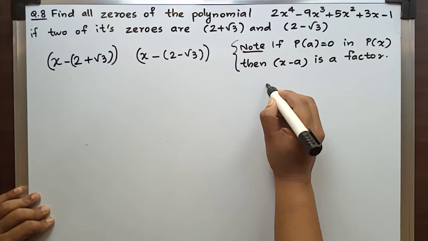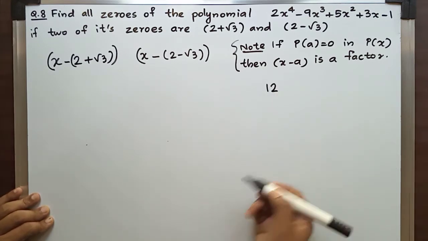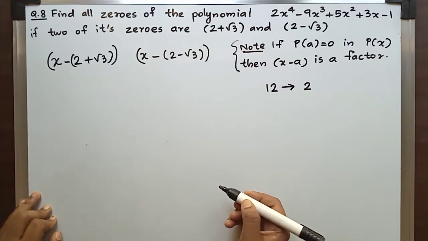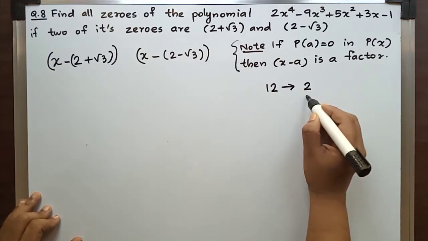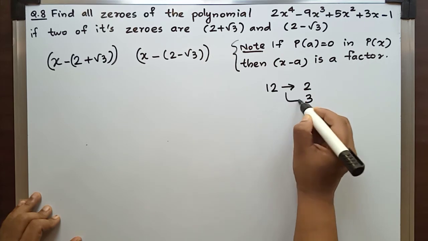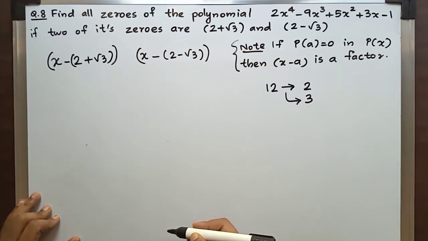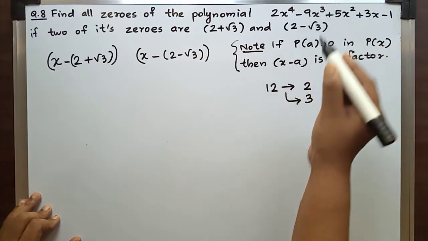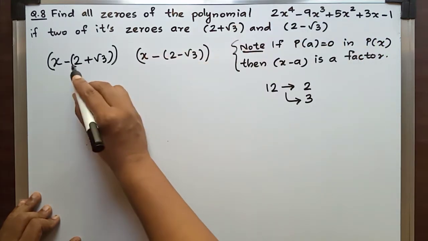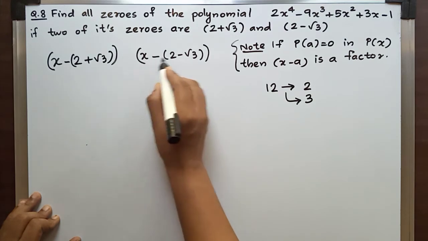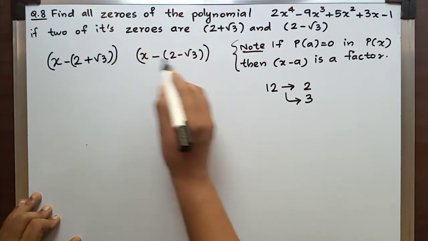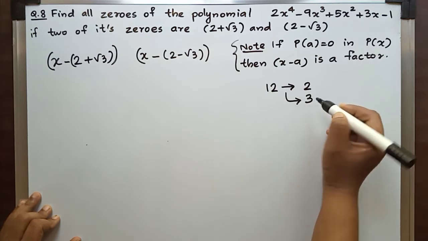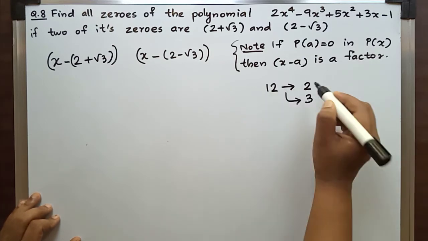Why? See, consider the number 12. 2 is a factor of 12, and 3 is another factor of 12. I am relating this to this question. Here x − (2 + √3) and x − (2 − √3) are two factors of the same polynomial, just as 2 and 3 are factors of the same number.